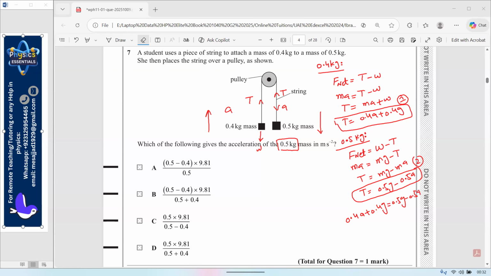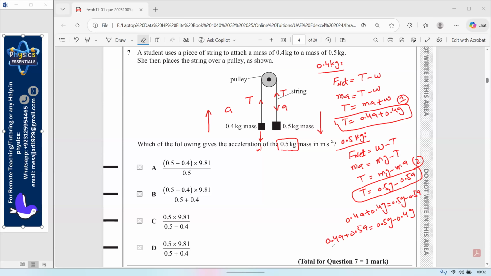Now you need to find out the acceleration. Therefore, you are bringing the acceleration on the one hand side and the gravitational accelerations on the other side. So from here, 0.4a plus 0.5a equals 0.5 g minus 0.4 g.